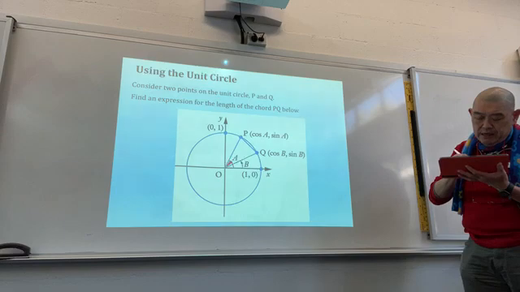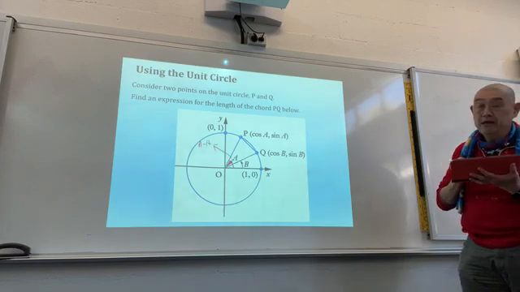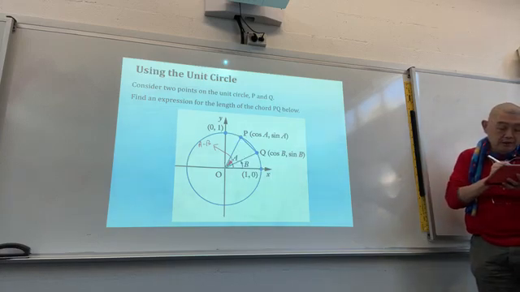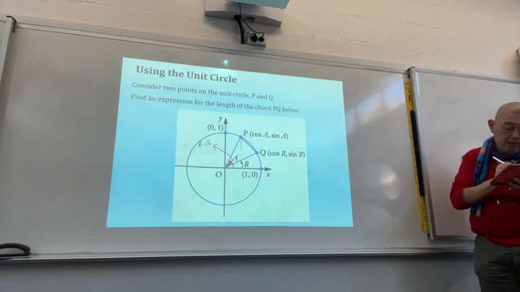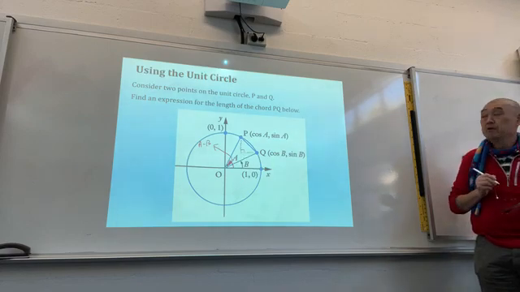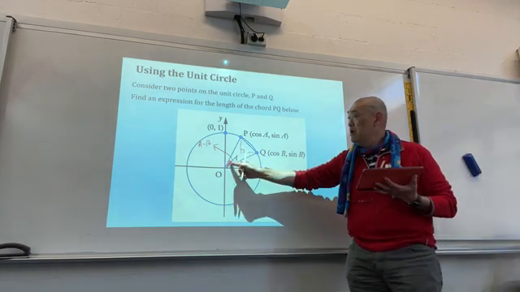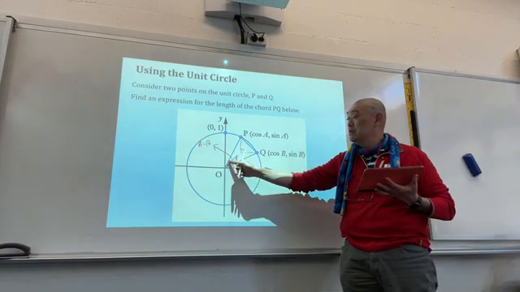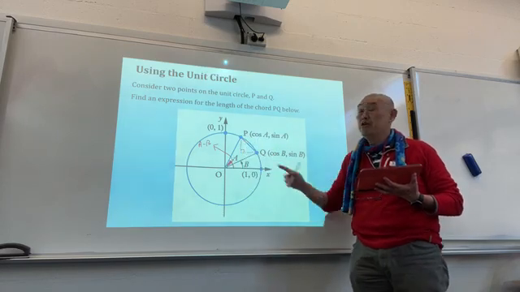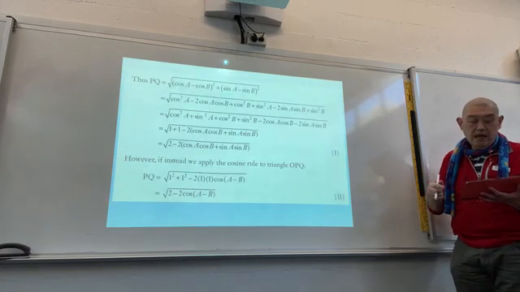This angle is actually A minus B. Correct? And then think about the chord PQ: I could use Pythagoras' theorem. Two ways. One, I can use this angle to find the length PQ, and also we can use Pythagoras' theorem.